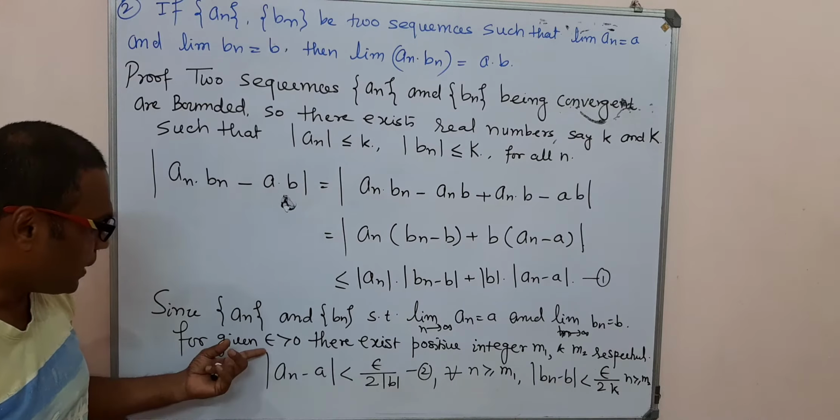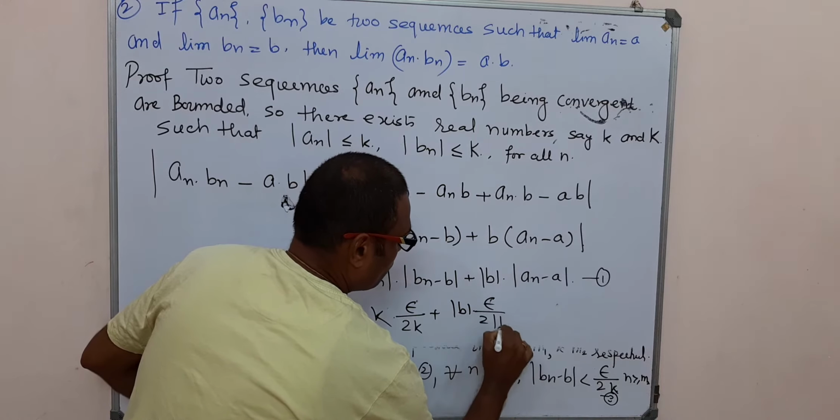Then we have the mod of a_n multiplied by the mod of b_n minus b is less than, replaced by, epsilon by 2k, and we know that the bound is k, so you can replace it by k here, plus the mod of b times the mod of a_n minus a, which is epsilon by 2 mod b.